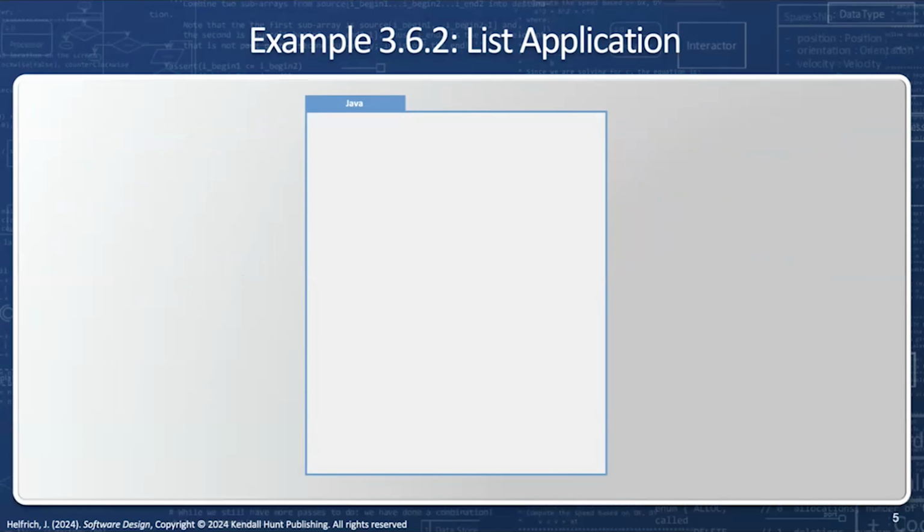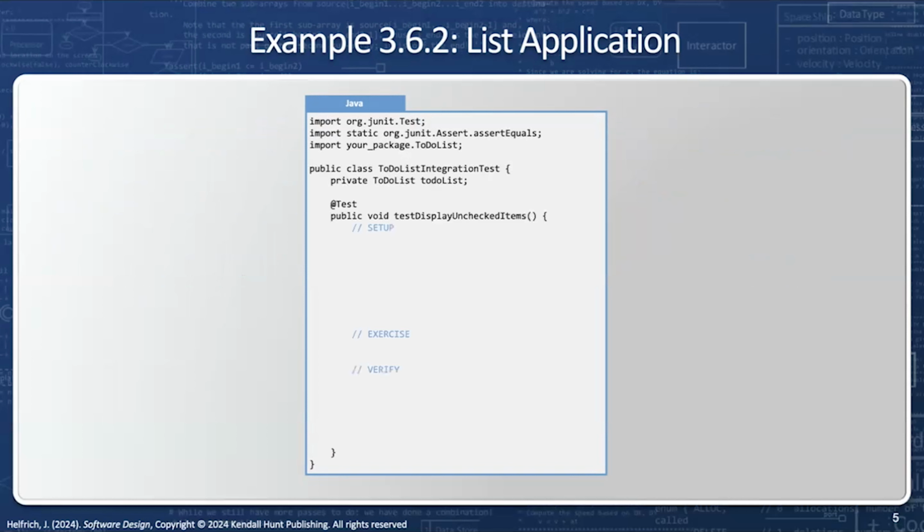And once again, since integration tests use the unit test framework, we're going to start with that. Then we're going to describe our individual test. This is our to-do list integration test. And then the individual test case is display unchecked items. Once again, I use a setup, exercise, verify, and perhaps tear down, just like we do with a unit test. So what's my setup phase?